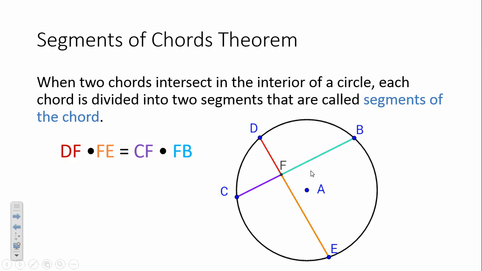And the neat thing about them is DF, in this case, this guy, times this guy will be equal to this part times this part.